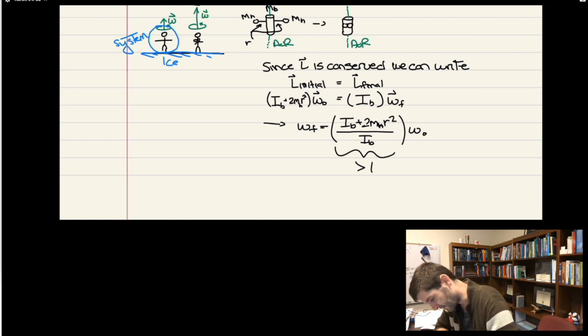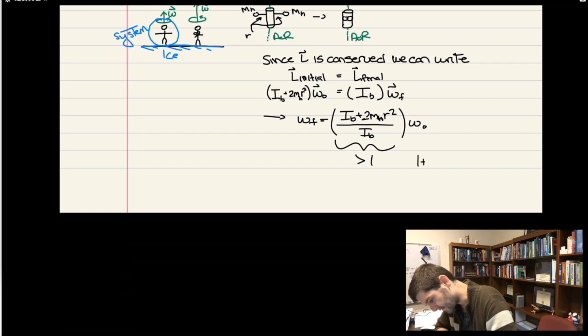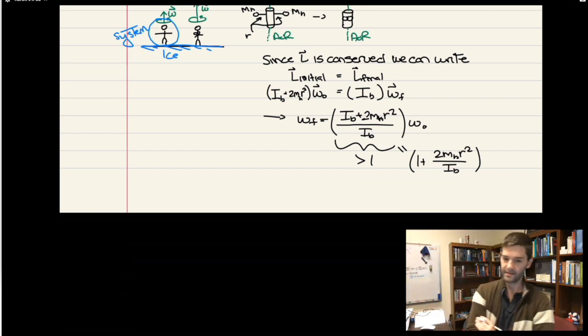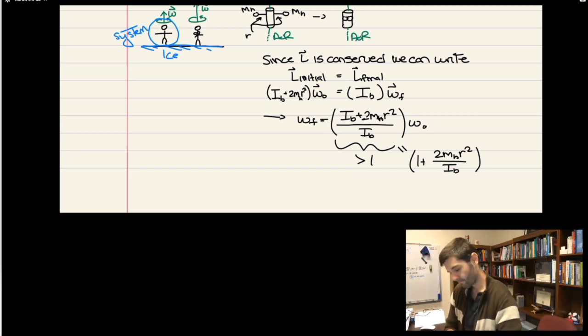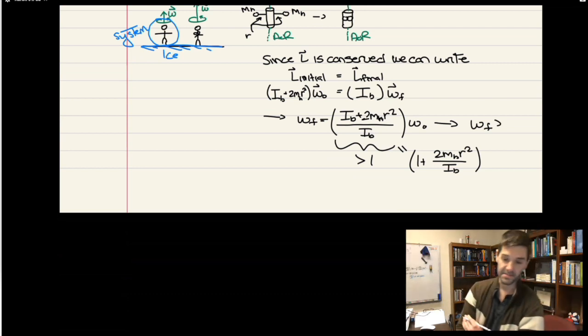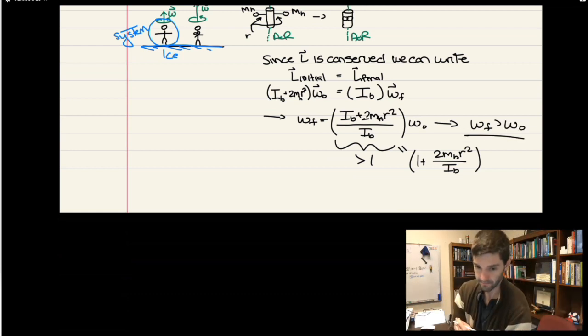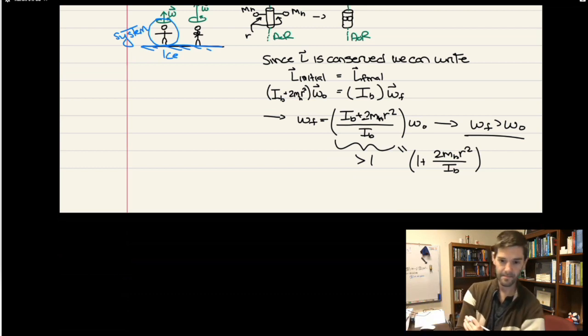And so in this case, omega final equals I body plus 2m hand r squared, all divided by the rotational inertia of the body, all multiplied by omega naught. I've given you no numbers, but just by looking at this, you know this is greater than 1. Because the numerator has the same thing as the denominator plus something.